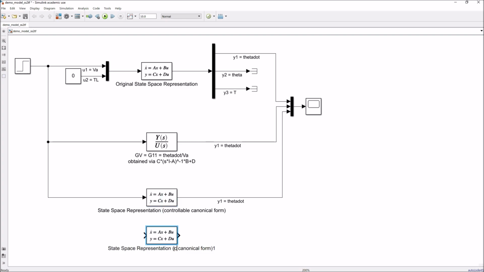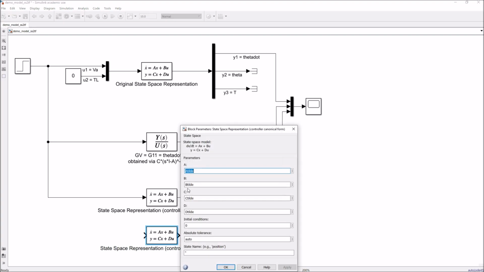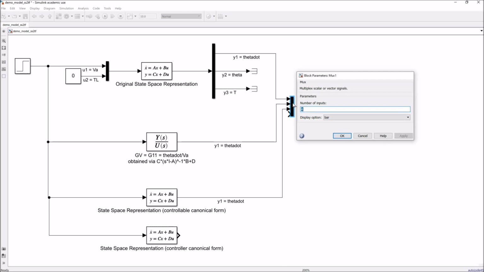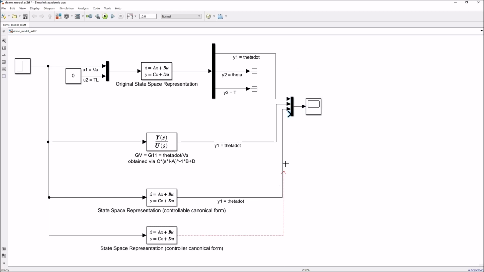This is now controller canonical form, and I will change this to A tilde 2, B tilde 2, C tilde 2, and D tilde 2. And again, you hook up the exact same input, and let's compare again to make one big happy family of all of these outputs, which again should all be the same.